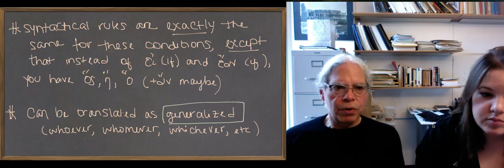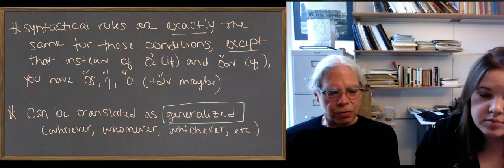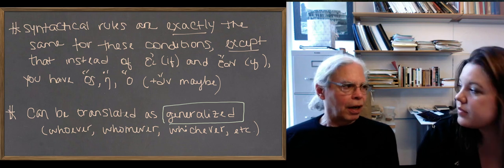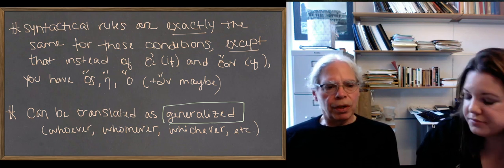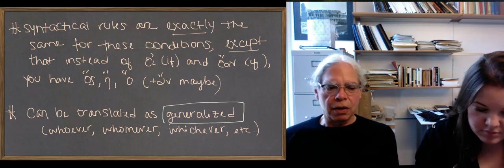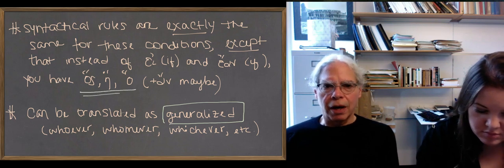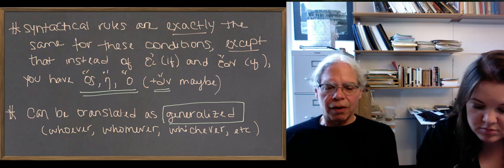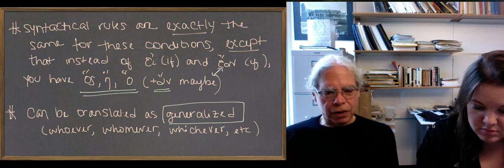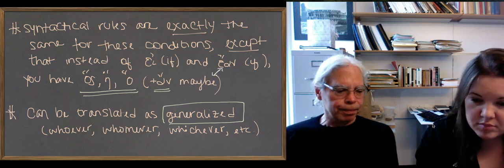So the first point on this screen is the key thing, that we're not learning any new syntax. It's only about the way in which the if clause is introduced. That is, there's no ei or ean. Instead, you have a form of the relative pronoun, hos, he, ho, with or without an. Where you have an, you have the an added as a separate word next to the hos. So the syntax rules are exactly the same.